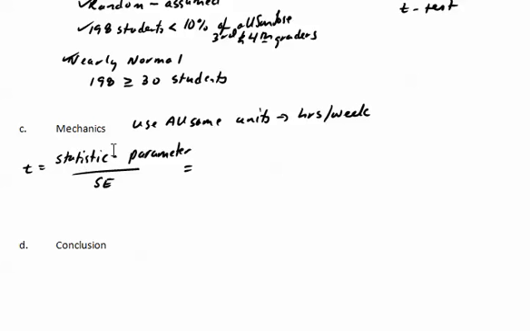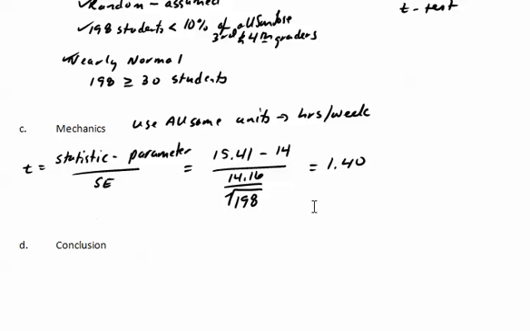My statistic is going to be the 15.41. Then I'm going to use the 14 hours per week as my parameter, and then I'll divide by the standard deviation of 14.16 divided by the square root of the sample size of 198, and that gives me a value of 1.40.